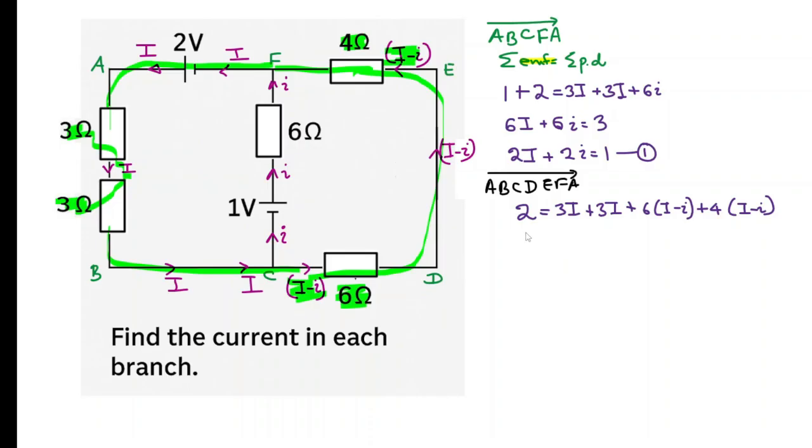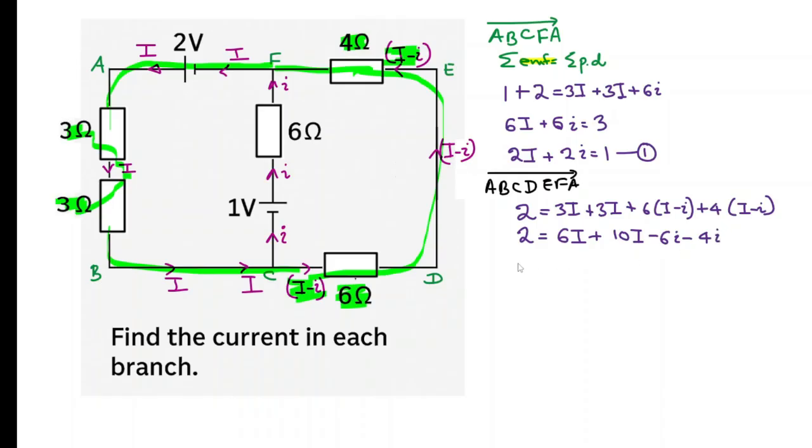So I go 2 is equal to 3I add 3I is 6I plus 6I plus 4I is 10 capital I. 6 times negative i is minus 6i minus 4i.